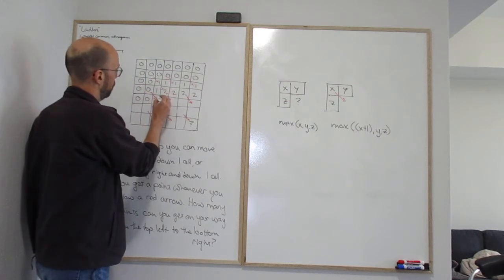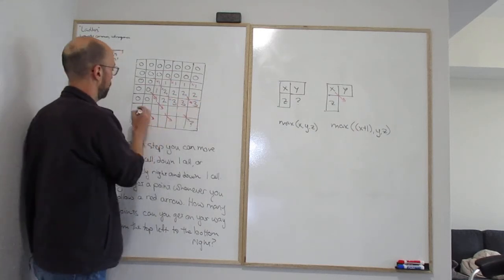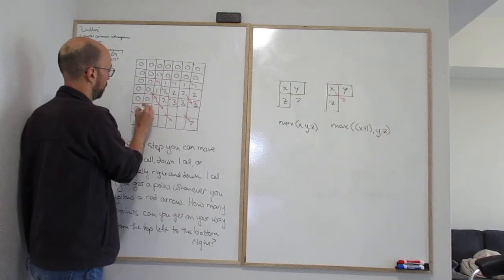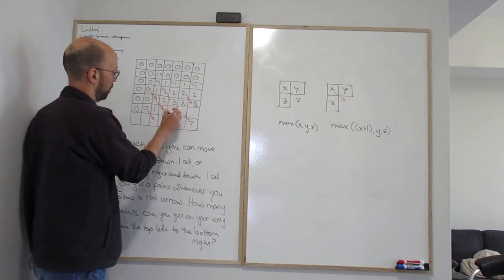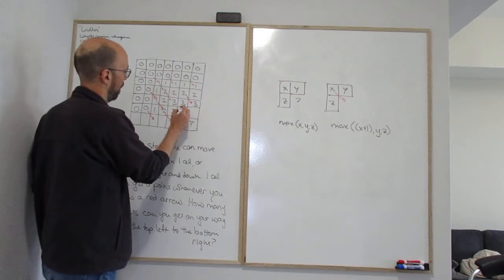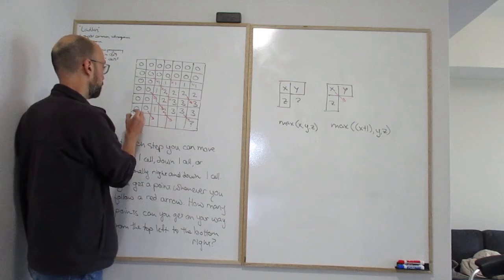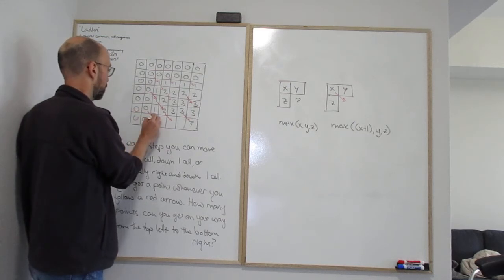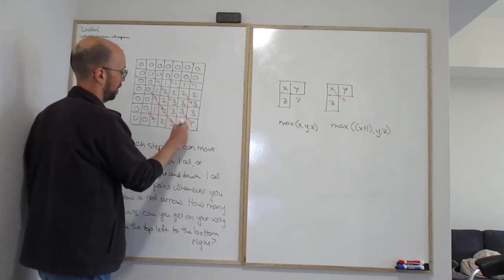And this is 2, and this is 3, and this is 3, and this is 3, two possibilities here. This is still 0, 0, this is 1, this is 2, either from this or from this. This is 3, this is 3, this is 3, 0, 0, 1, 2, 3, 3, and this is 4.